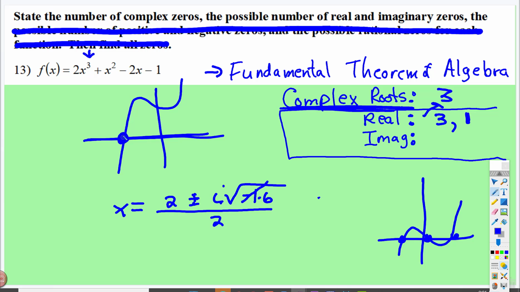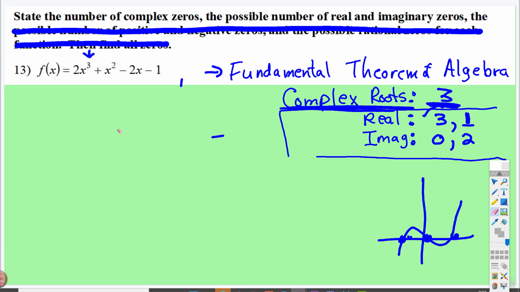Only one place where that graph touches the x-axis. So that would be 1 real root. The imaginary and the real have to add up to 3. So 3 plus 0, if there are 3 real roots, then there isn't any room for imaginary roots. But if there's 1 real, that means 2 imaginary roots.